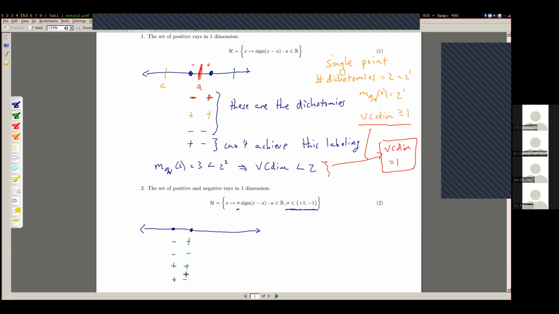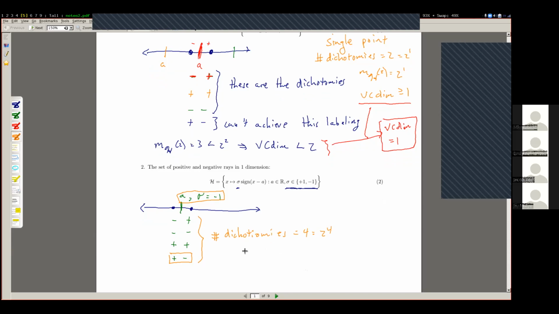This last one would result from that A value and sigma equals -1, that particular labeling from those particular values up here in the hypothesis class. And so the number of dichotomies here equals 4, which equals 2 to the 2.